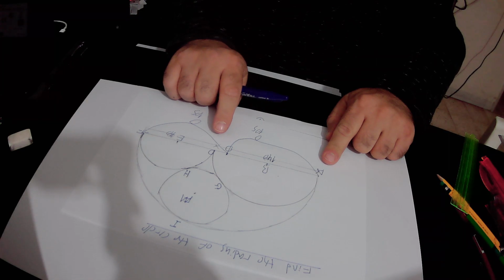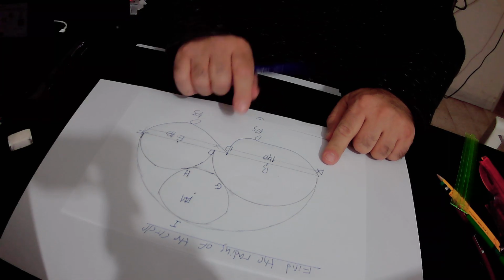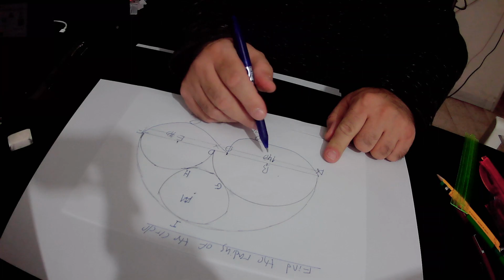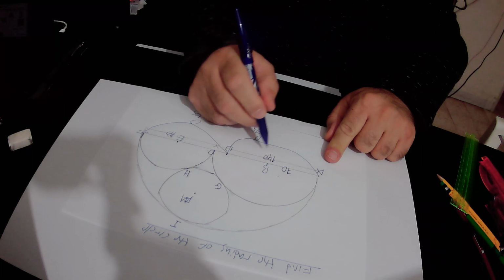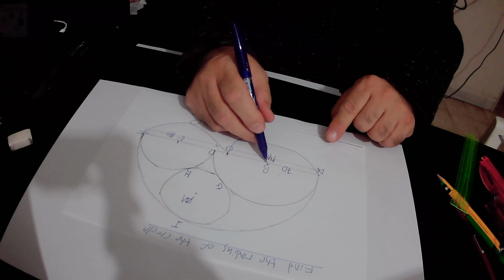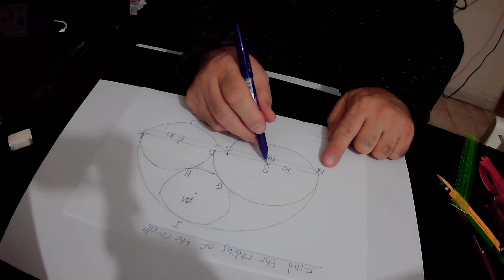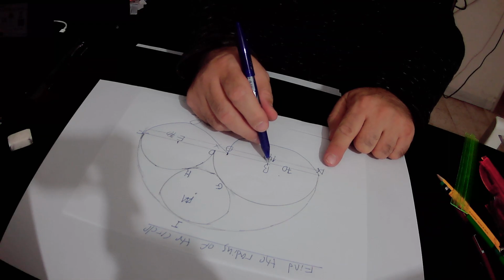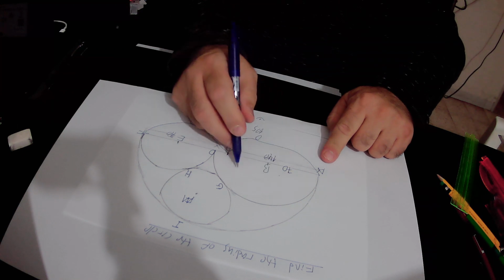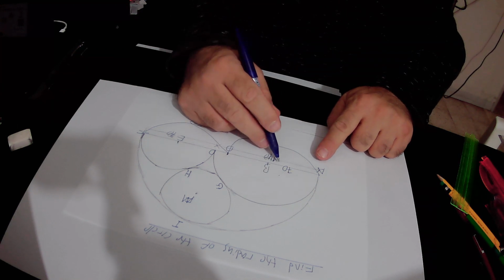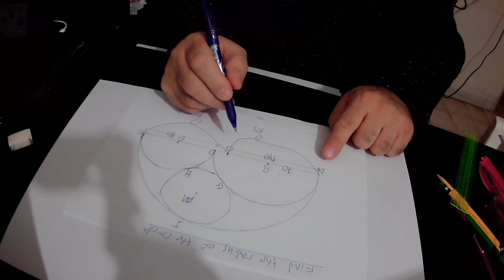That is to say, the radius must be equal to 140 over 2, that is 70. So here, AB is the radius of this semicircle that is equal to 70 units. Why? Because point B is the center of the semicircle and point A is a point on the semicircle itself. This is exactly the definition of a radius. Therefore, AB is equal to 70 units.